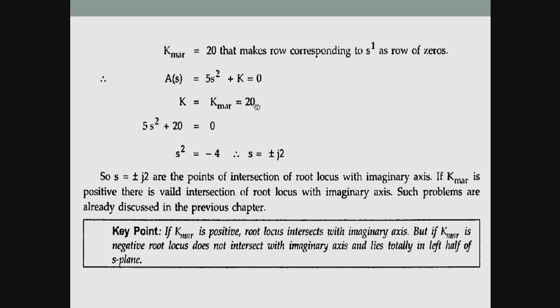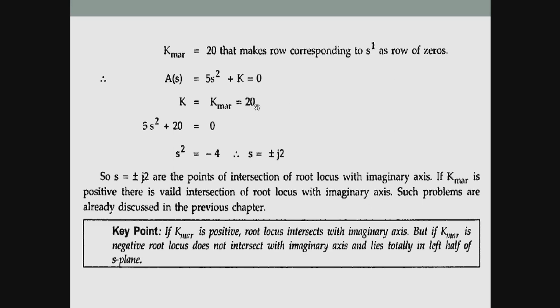Taking k marginal as 20, we get s square equal to minus 4. Therefore the roots are s equal to plus or minus j root 2. So s equal to plus or minus j root 2 are the points of intersection of the root locus with the imaginary axis.